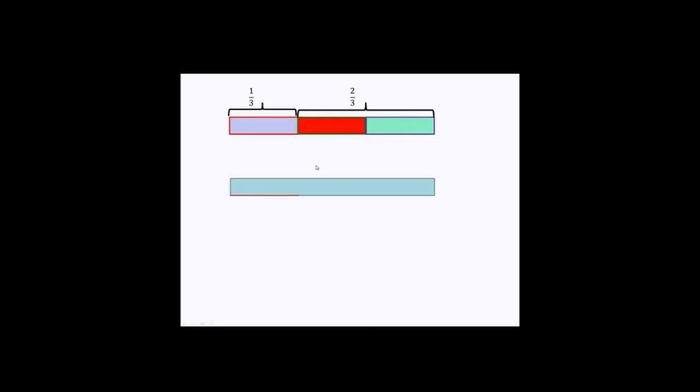So now let's take a look at the same segments of 1/3, but see what happens if I take this one and divide it into 2 pieces. I have to do that across everywhere, because if I want to write it as a fraction, I want to divide the whole thing into equal pieces. So look what happened. Here was my 1 piece, but now that 1 is made up of 2 pieces.